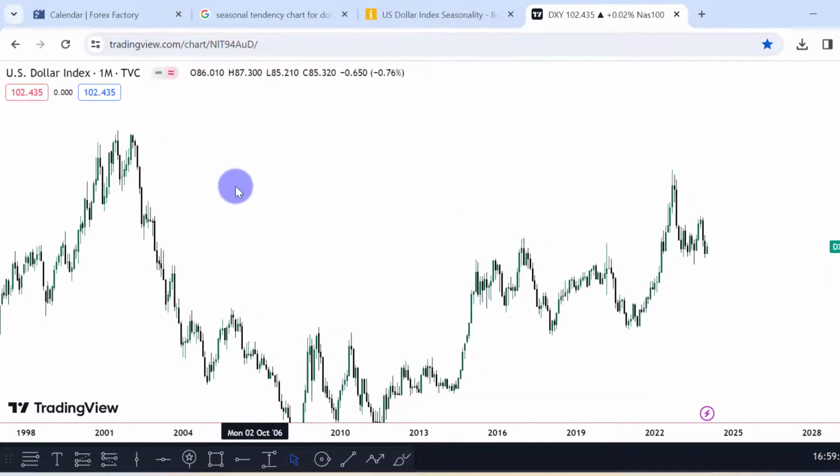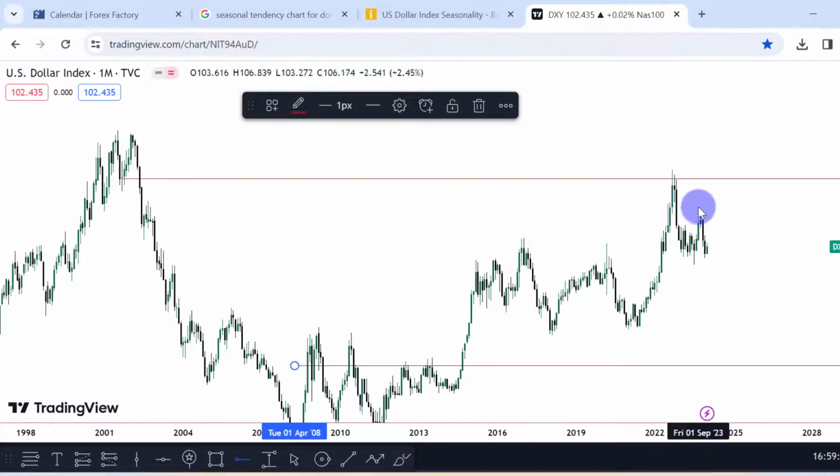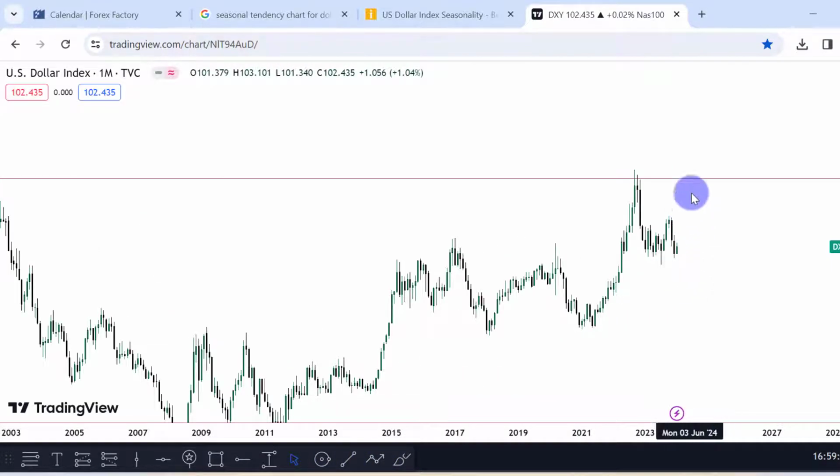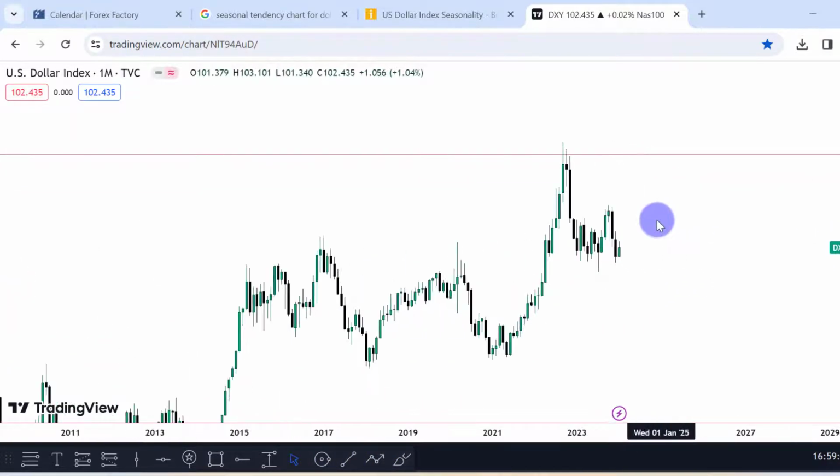Previously we see that price reacted off a bearish mitigation block right here, like we have always been looking at throughout the last year. So price traded into that level, then we saw that bearish impulsive price action, creating that sell side imbalance, buy side inefficiency. Then price went into consolidation, traded into a discount below 50% of this range, the low to the high there.